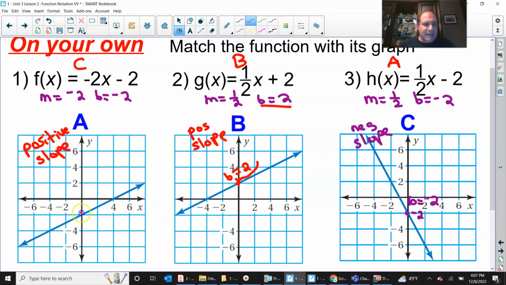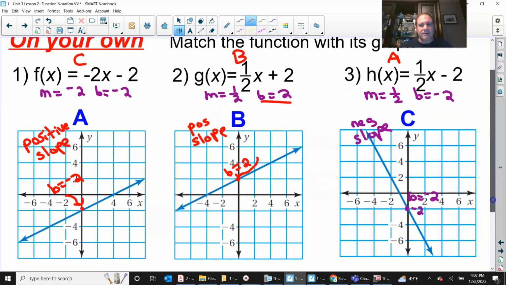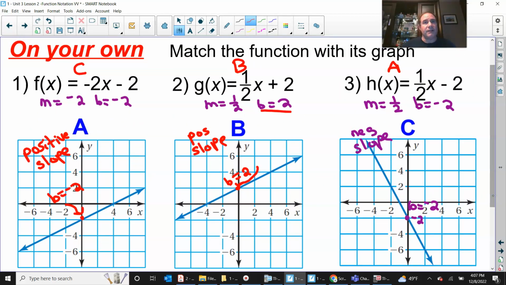And it crosses at negative 2. So you can sit there and graph these on your graphing calculator and get the answers. But you should really be able to recognize, one, you're checking to see if it's positive or negative slope.